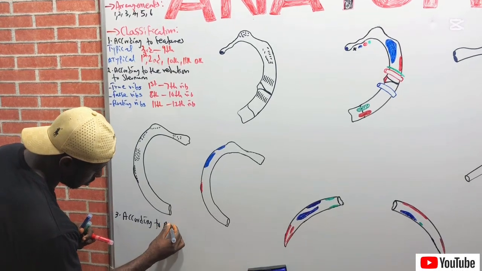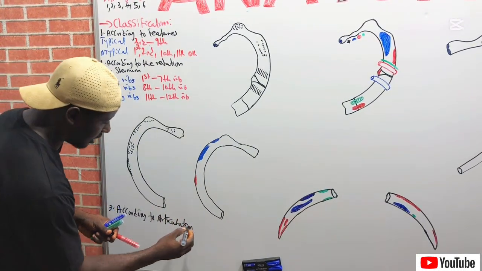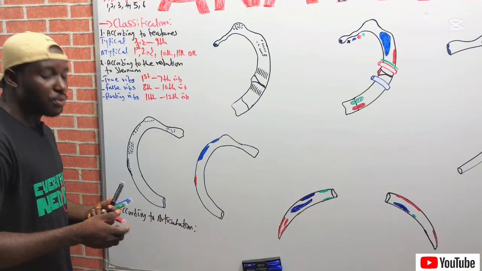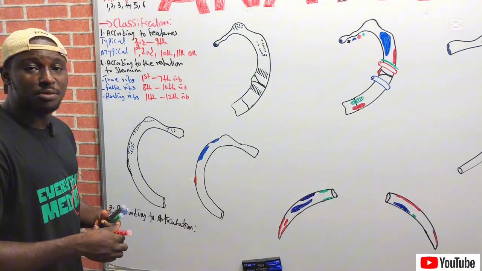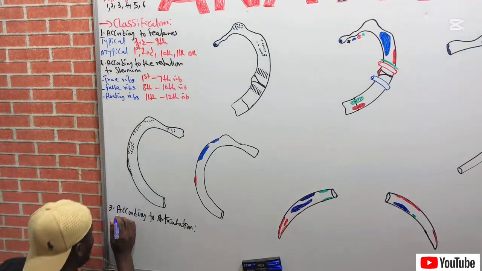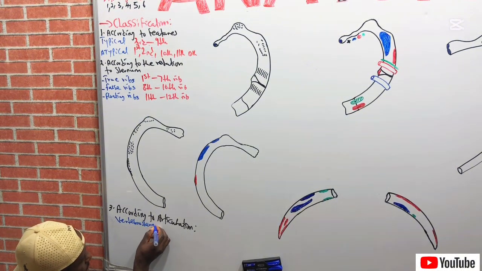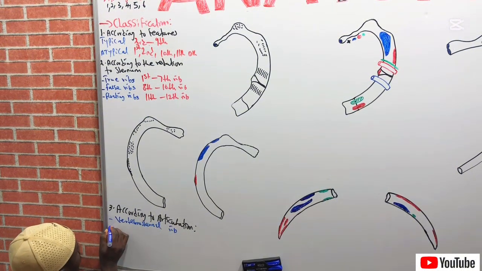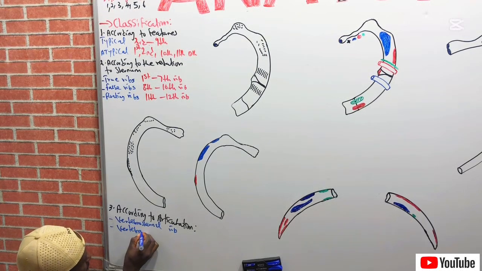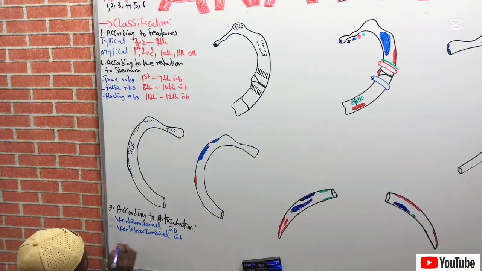According to articulation, we have the vertebrosternal ribs, we have the vertebrochondral ribs, and we also have the vertebral ribs.